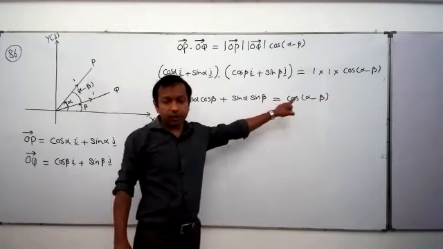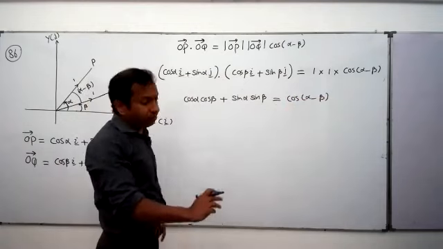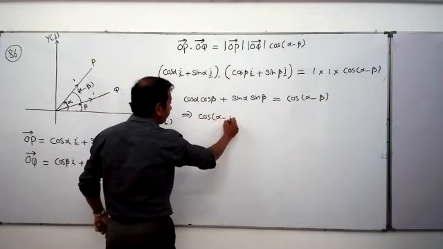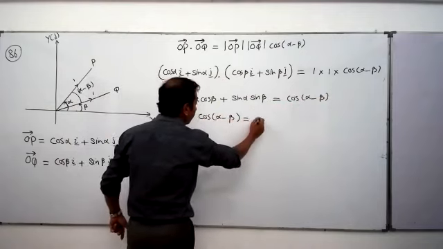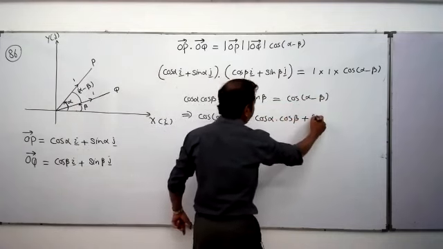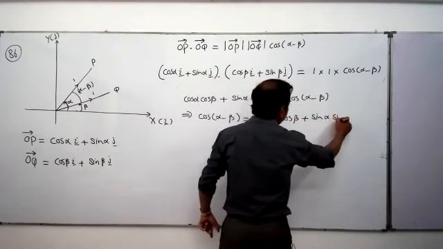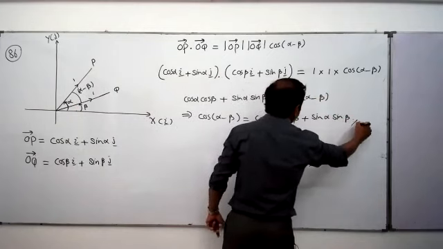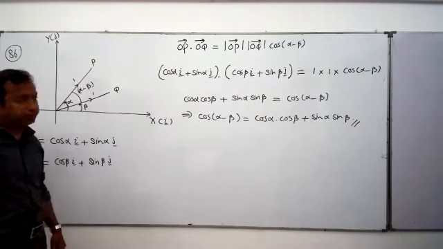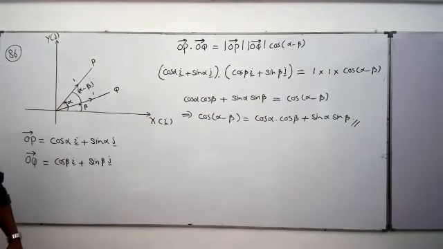This means cos alpha minus beta is equal to this. This gives us the first answer. Cos alpha minus beta is equal to cos alpha cos beta plus sin alpha sin beta. This way we get the first one.